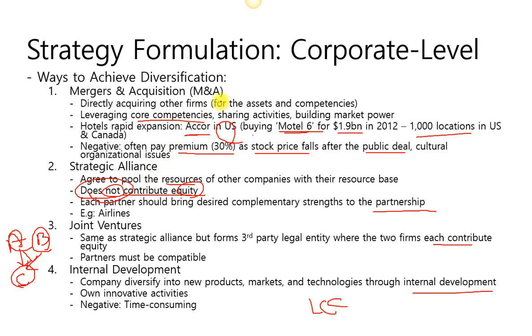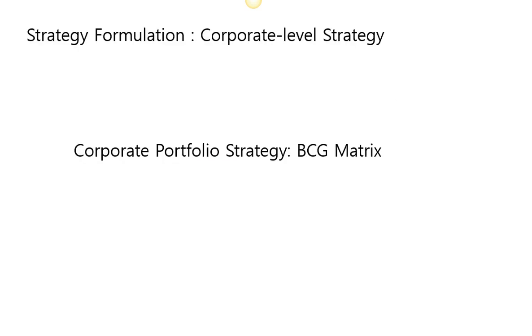They decide not to do M&A by buying Jeju Air. They just come up with their own, let's say for LCC, Lotte Air. Okay, that's called what? Internal development, because they themselves have come up with their own new product for a new market. So those are the ways to achieve diversification.